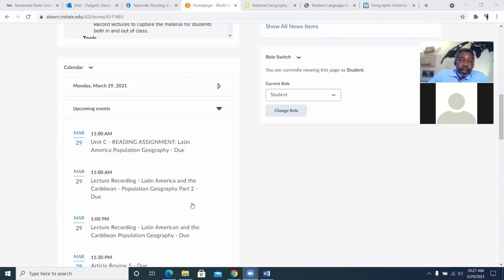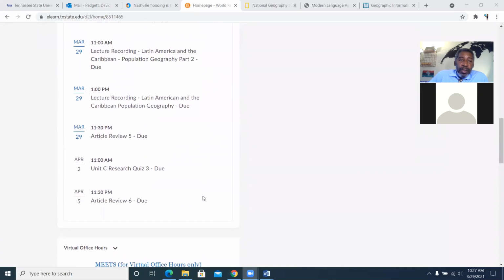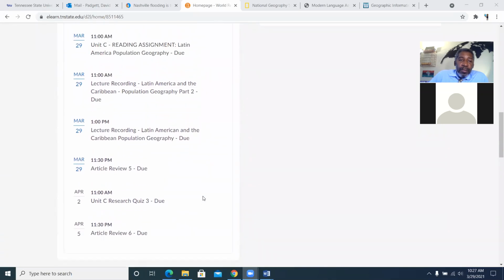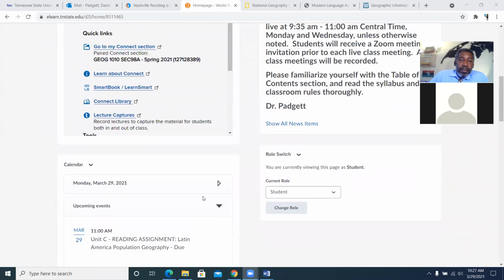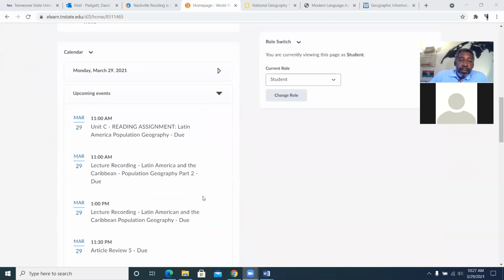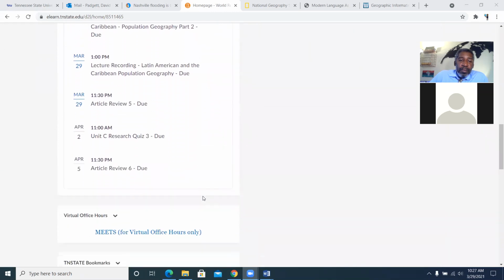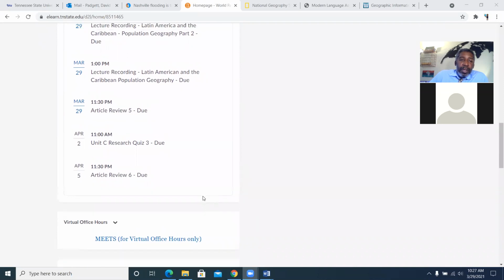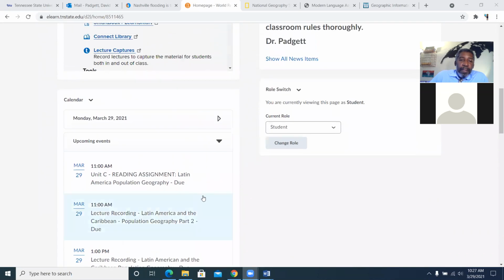Okay, so for the last part of today, we're going to launch into the next part of our unit, which is the physical geography of Latin America.